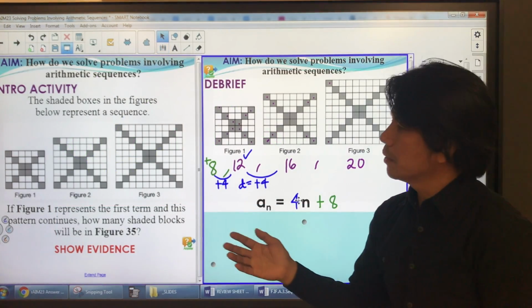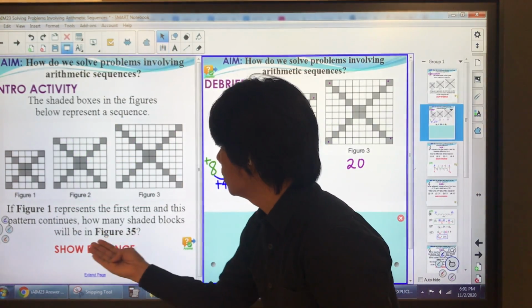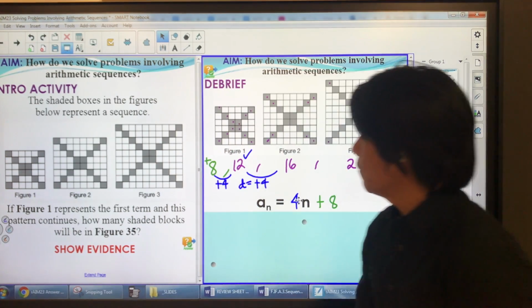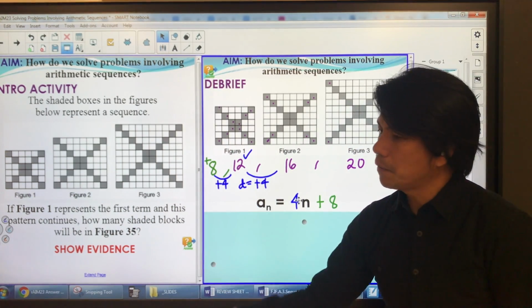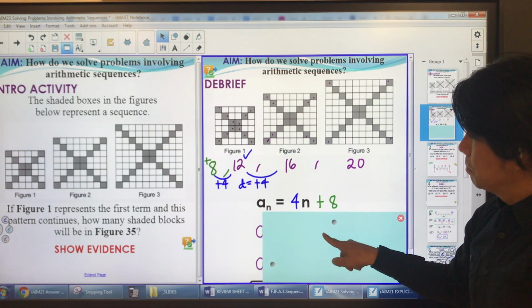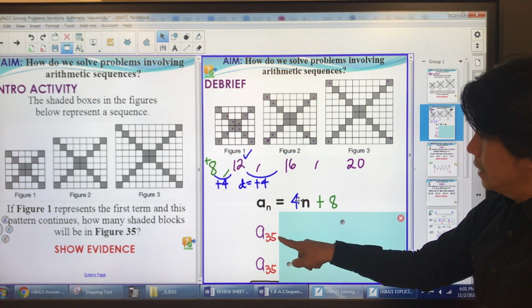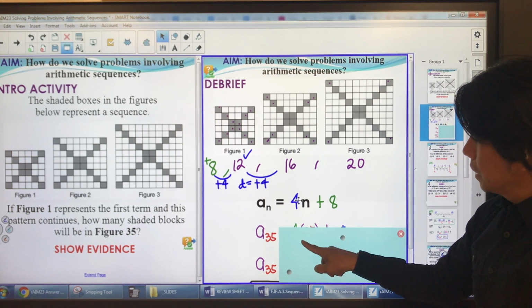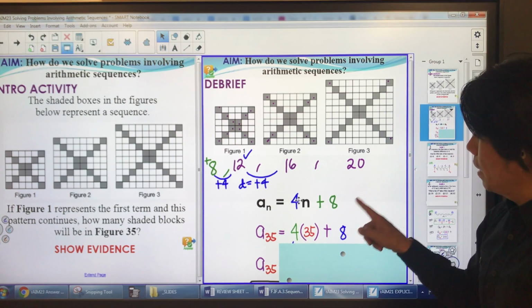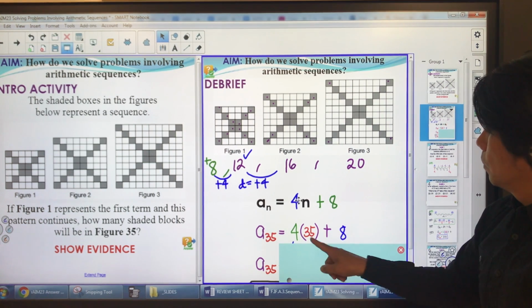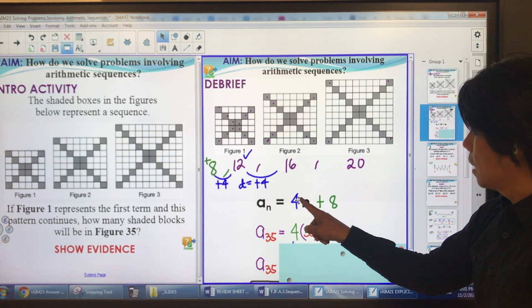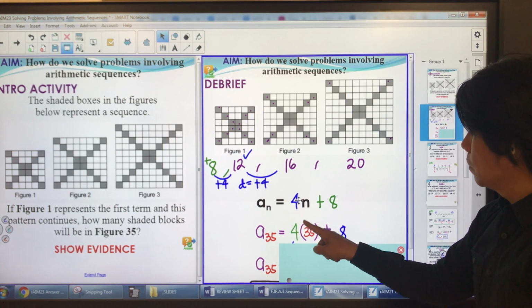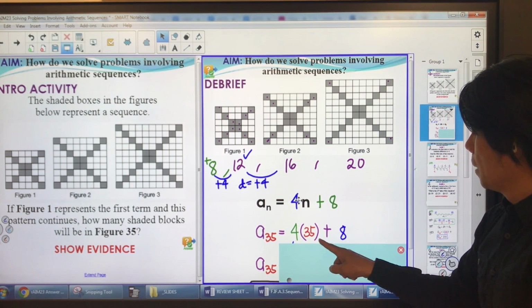Now let's continue. It says here, how many shaded blocks will be in figure 35? Meaning we need to find a sub 35, right? We just substitute the value of n, which is 35. So 4 times n, which is 4 times 35, plus 8.